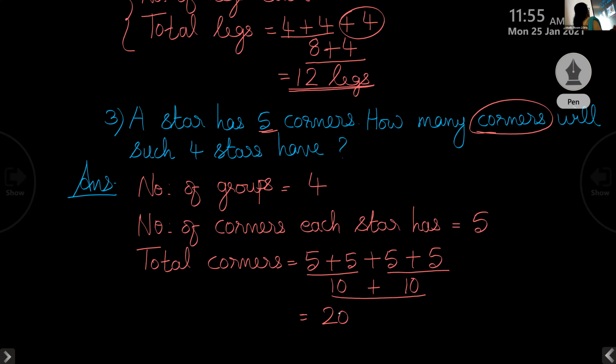Is that the number of stars that we found out, Heba? Read the question properly and tell me.